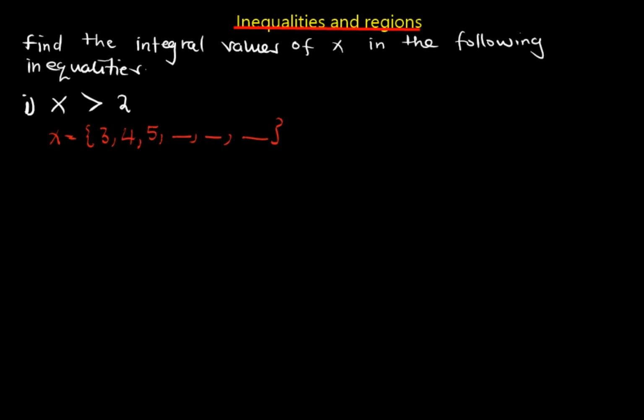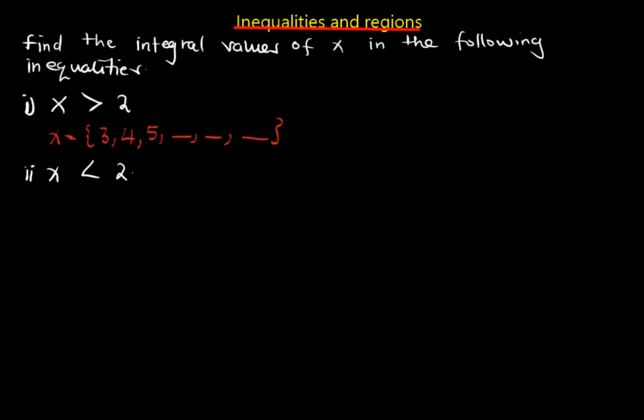Roman numeral 2. x less than 2. They want you to find the integral values of x less than what? 2. Remember, they are telling us that x is strictly less than 2.